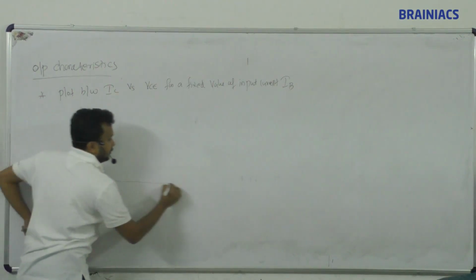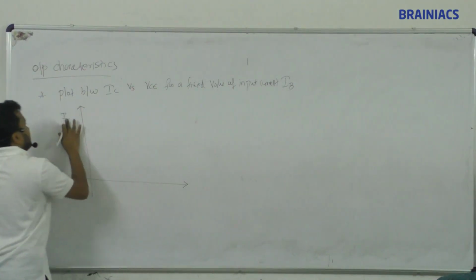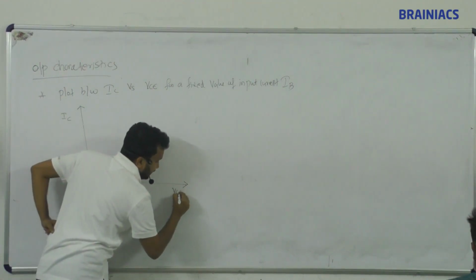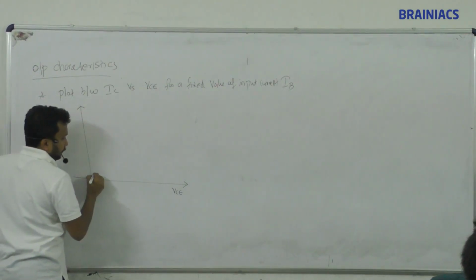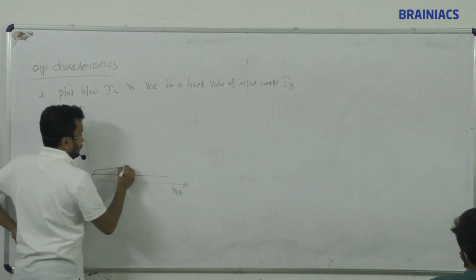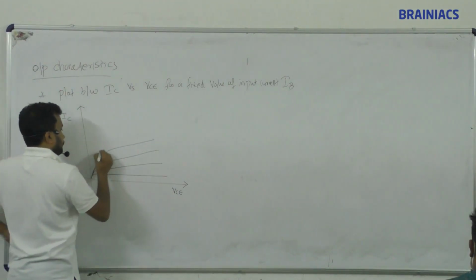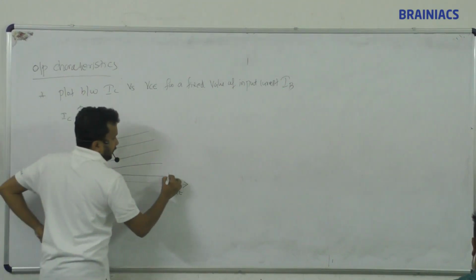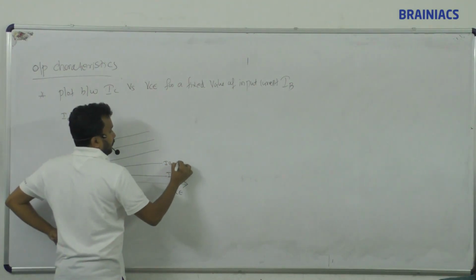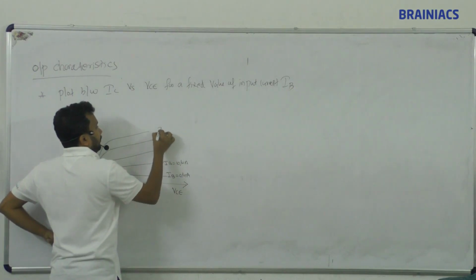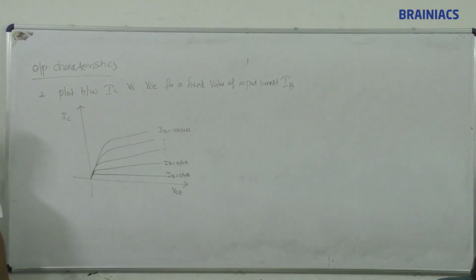So draw this graph also. IC versus VCE. IB equal to 0 microampere, IB equal to 10 microampere, and so on, up to IB equal to 100 microampere.